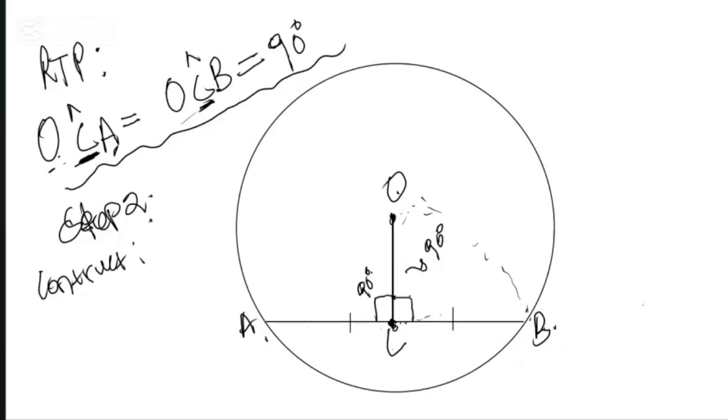So we are going to say we are constructing the radii OA and OB, always on theorem 1 and the converse of it. Perfect. So now we're constructing the radii OA and OB. So what else are we supposed to do?